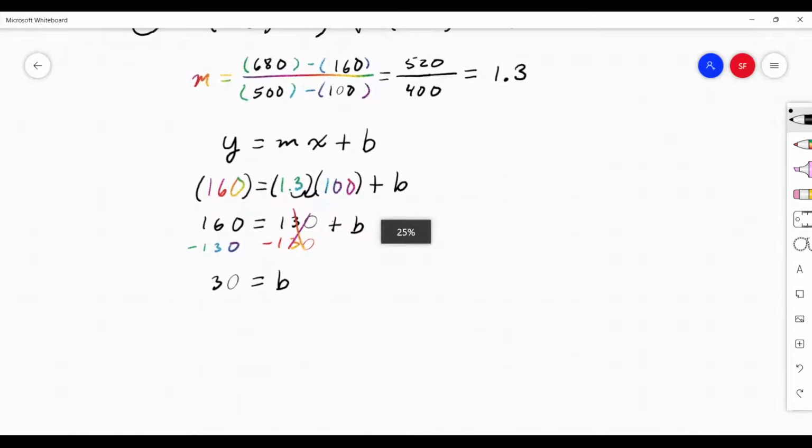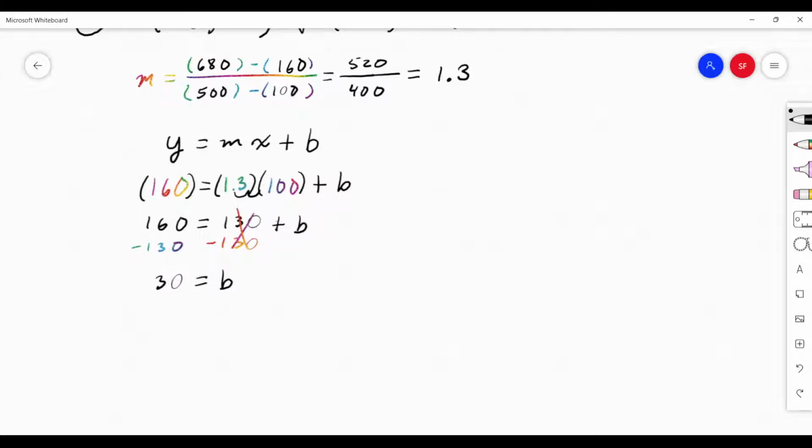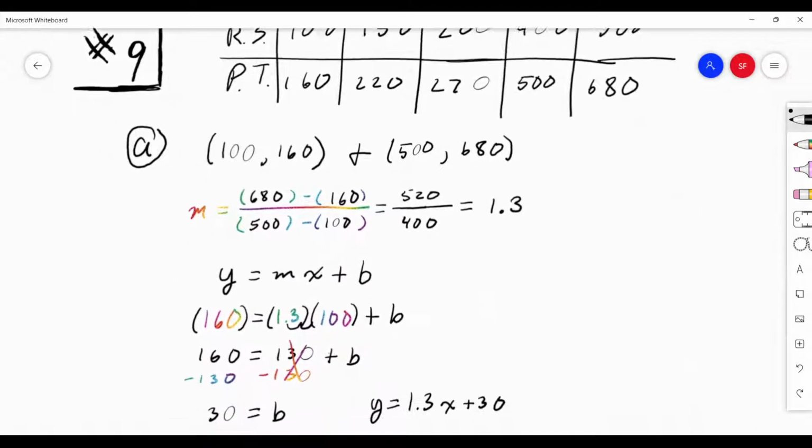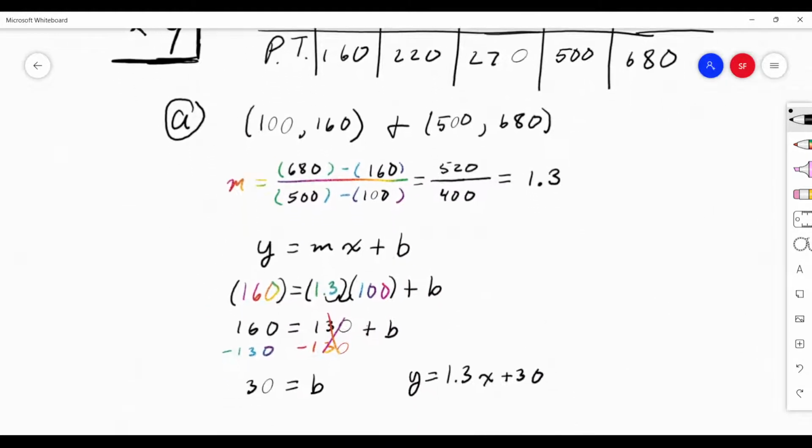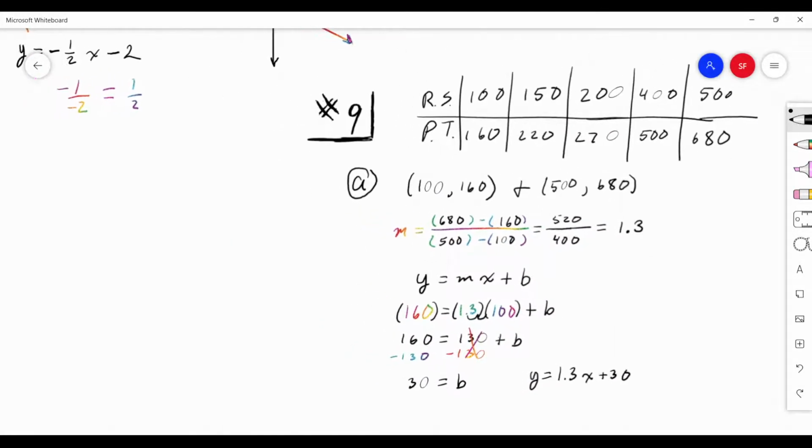So what's the equation of my line? Y equals 1.3x plus 30. The only thing that I would personally do differently than what they did in the book, as their answer for this particular problem, is that instead of using y and x, I would use meaningful variables. So in our problem, what is y? The paint time. And what is x?